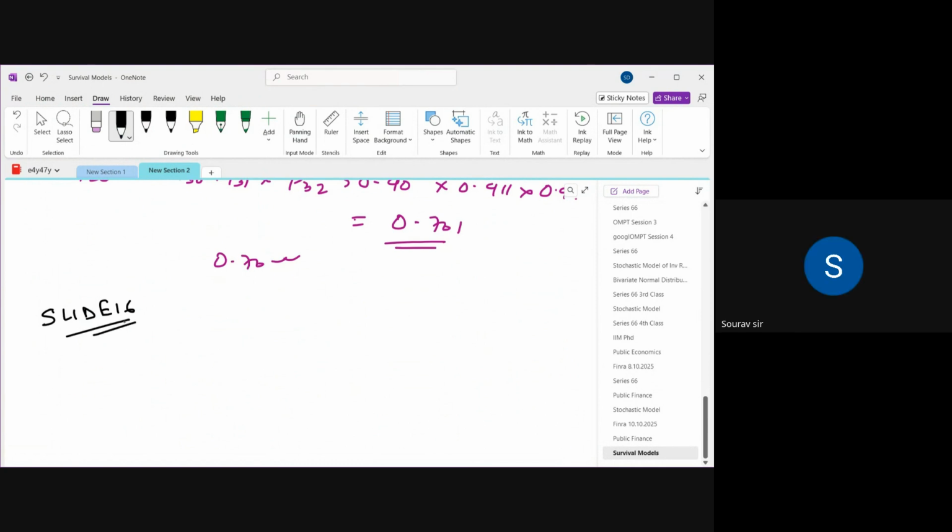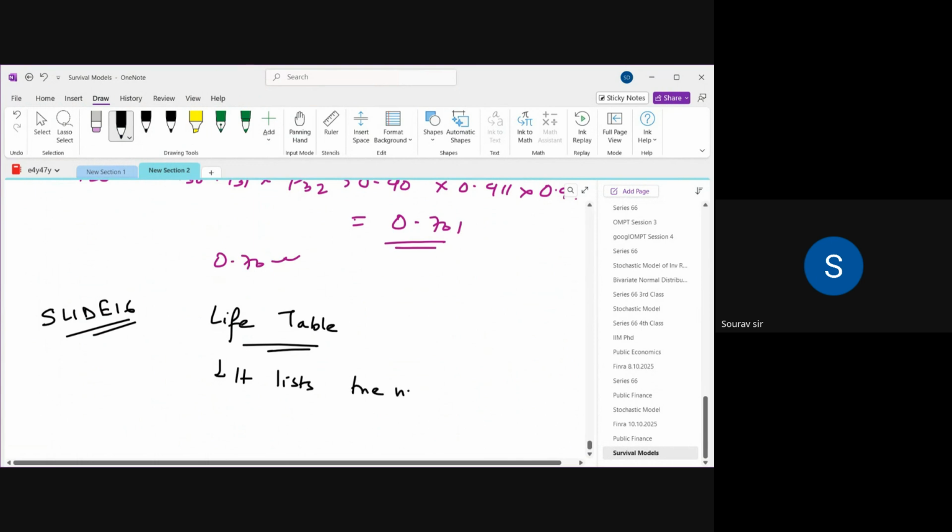That is the life table. We continued with that. So here we will do with the full thing. Let's start: the life table lists the number of people alive at each integer age.